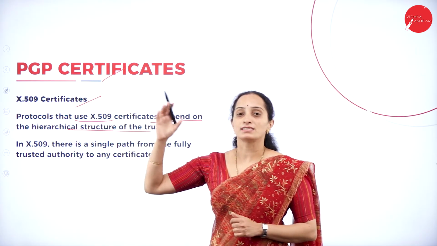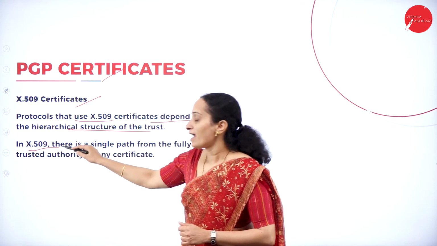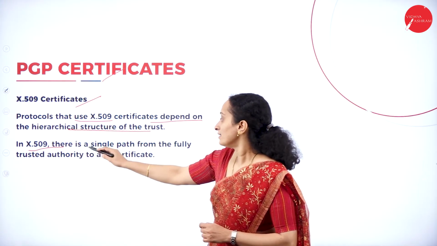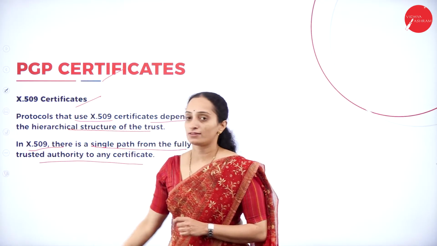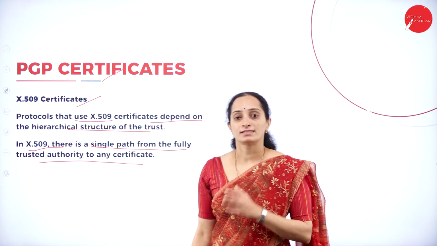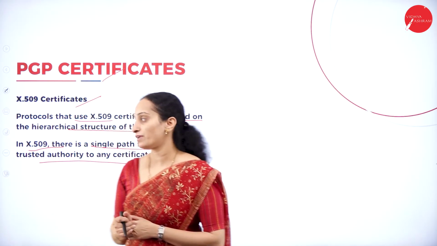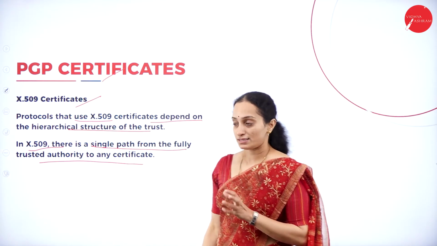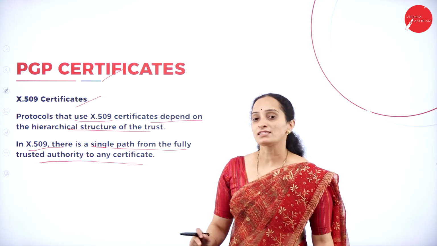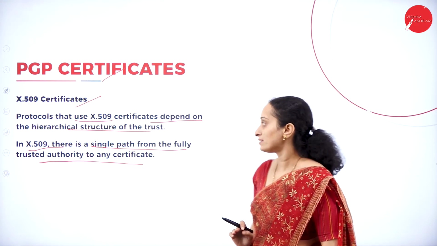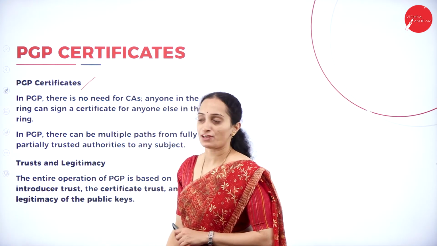The certificate is issued based on that hierarchy. In X509, there is a single path from a fully trusted authority to any certificate. So you can get any certificate in a straight way using the trusted authority in X509 certificates.